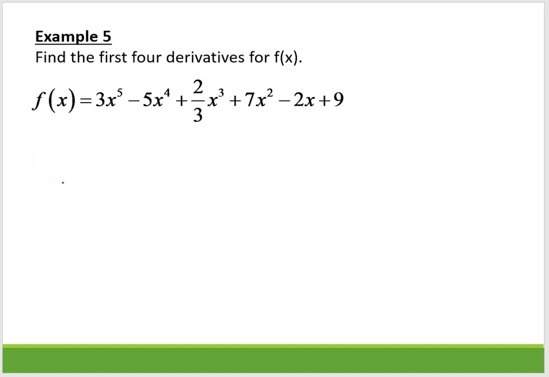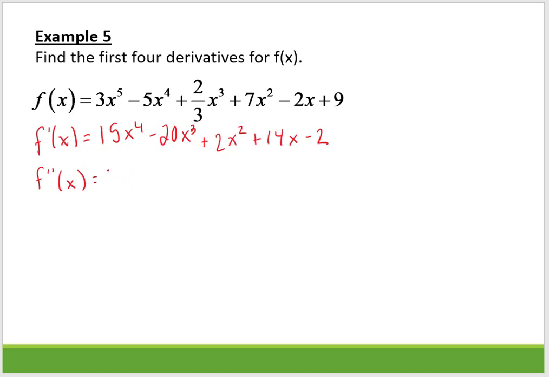Okay, first 4 derivatives. So our first derivative of this is 15x to the 4th minus 20x to the 3rd plus 2x squared plus 14x minus 2. Making sure I did that right. It matches my answers. All right, second derivative.